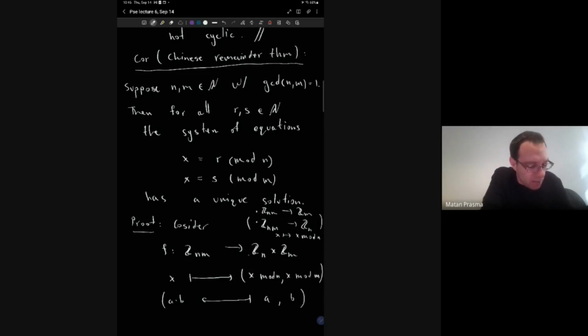Since the Cartesian product operation is defined coordinate-wise, to be a homomorphism into the Cartesian product is the same as to be a homomorphism into each of the components. So we know then F is a homomorphism.